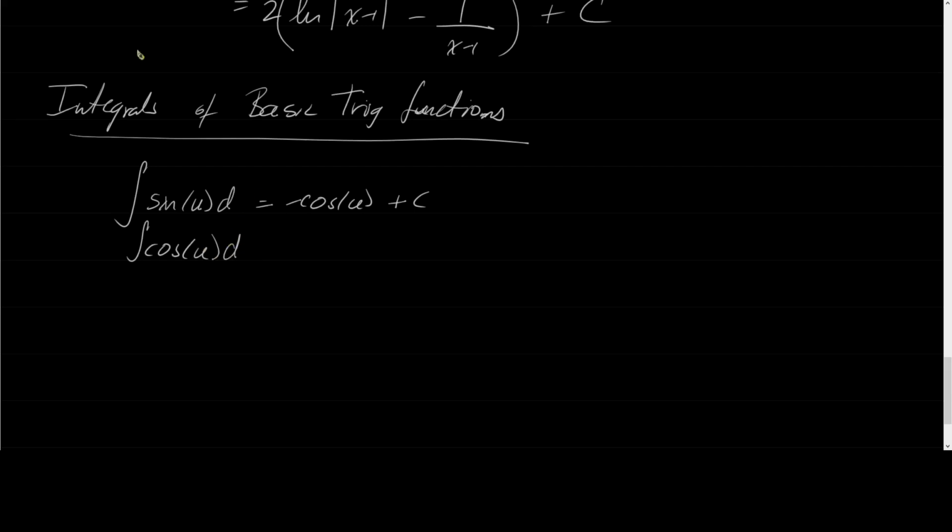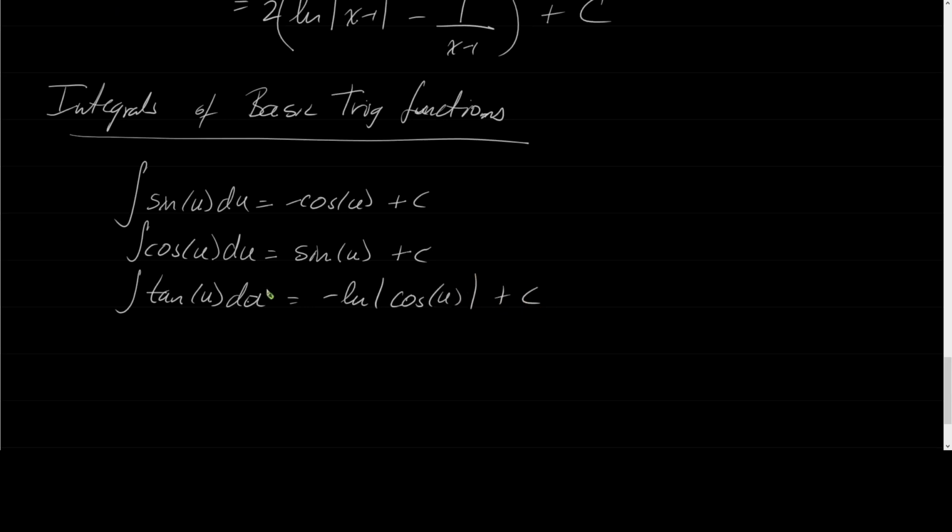This should have been du's. So it is sine. The integral of tangent is negative ln of the absolute value of cosine of u plus c. The integral of secant, that's ln of the absolute value of secant of u plus tan of u plus c.